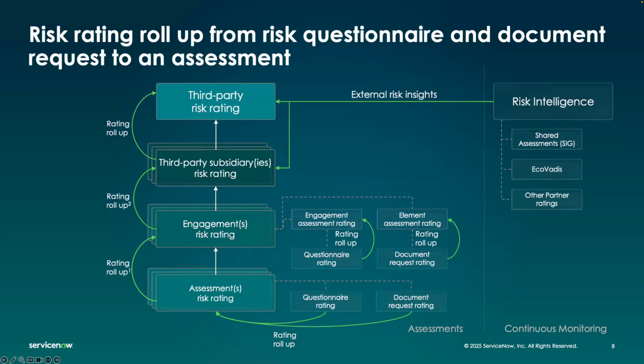The engagement risk rating is generated from two kinds of ratings derived from assessments: engagement assessment rating, from assessments run directly on the engagement itself, and element assessment rating, from assessments run on elements associated with that engagement. To give this some context, what do I mean by elements?